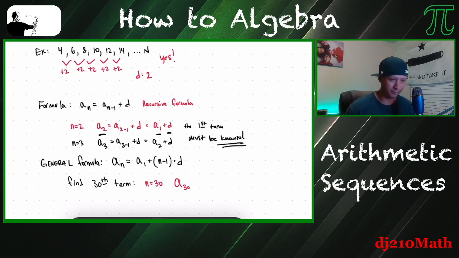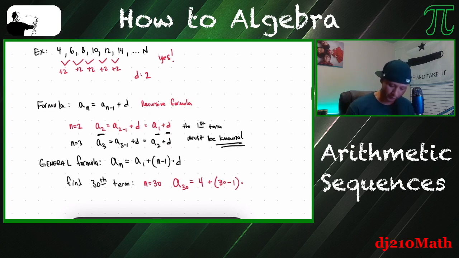So a sub 1, the first term, we know is 4, plus, since n is 30, 30 minus 1 times the common difference. In the above example, the common difference is 2.